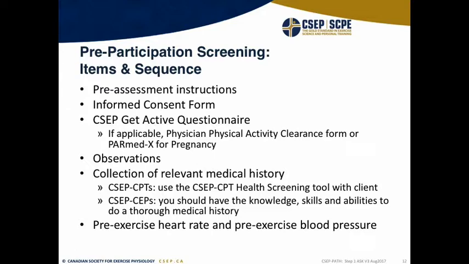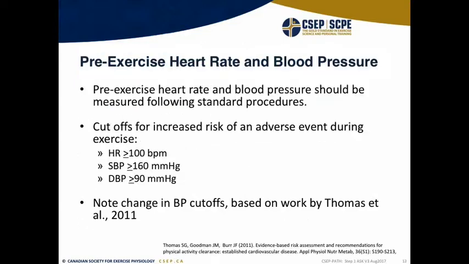And that is that you give your clients pre-assessment instructions, have them complete an informed consent, use a CSEP Get Active questionnaire or other evidence-informed tool to identify risk with physical activity, do observations to make sure they are well enough on that day to continue with a physical activity assessment, collect relevant medical history, and I'll speak more about this later, and take a pre-exercise heart rate and pre-exercise blood pressure measurement to make sure they are within limits.